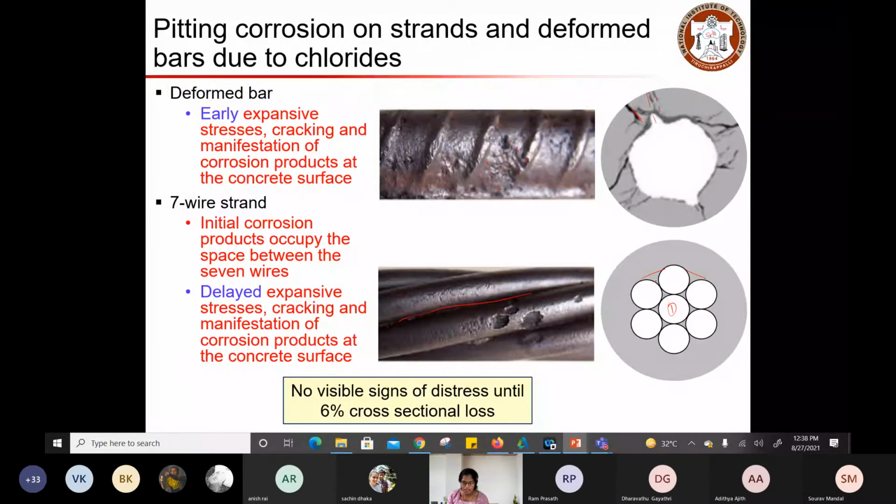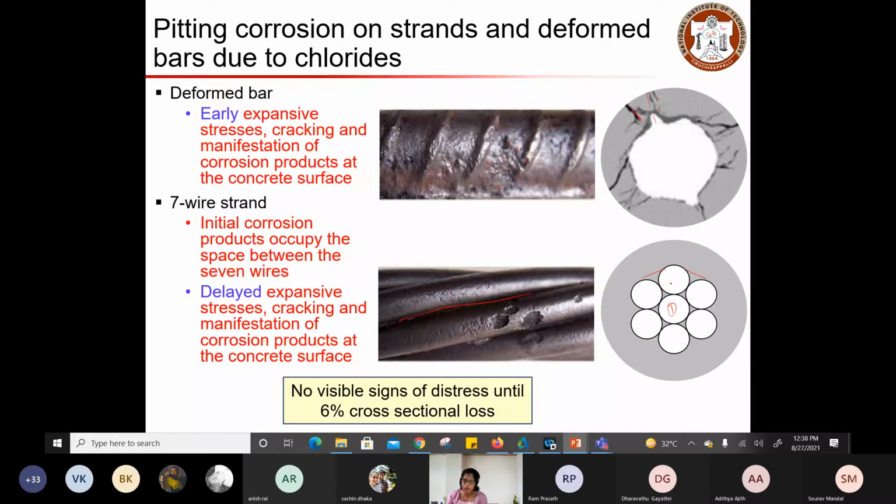Because of that, the expansive stresses will not be significant enough to cause cracking. So the expansive stress is delayed, and thus the cracking is delayed. Meanwhile, inside the system, the corrosion is in progress, and that may only become visible when you have severe cracking.